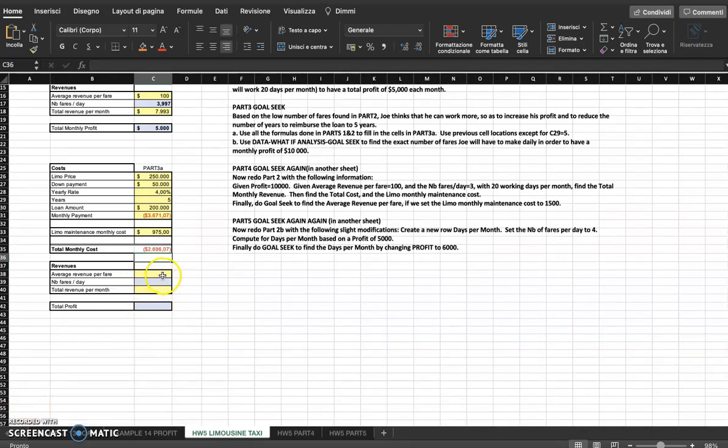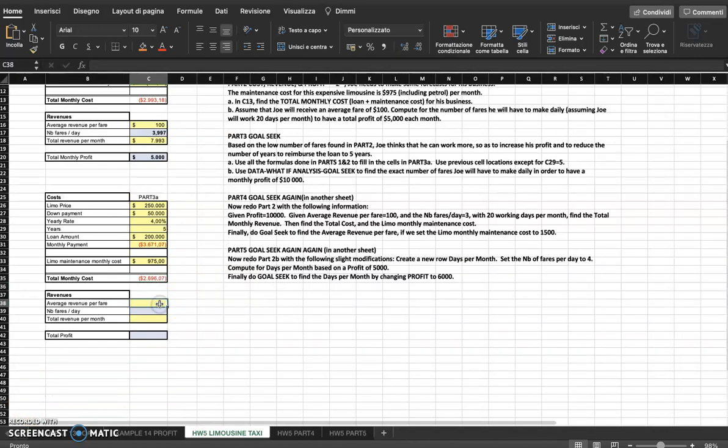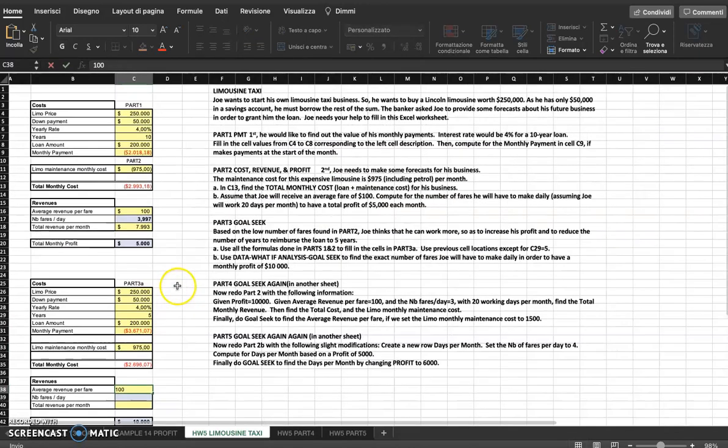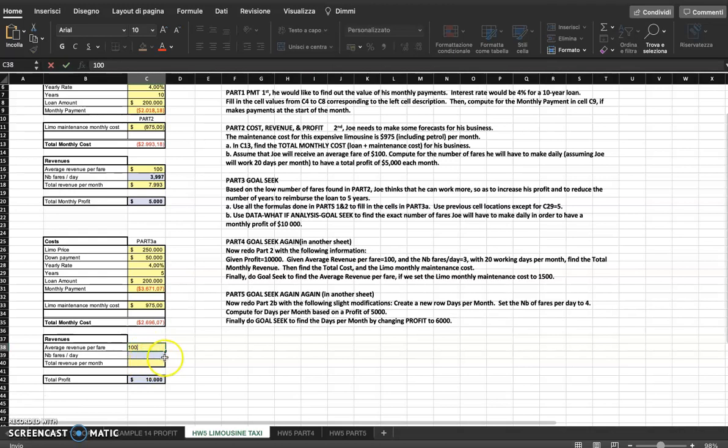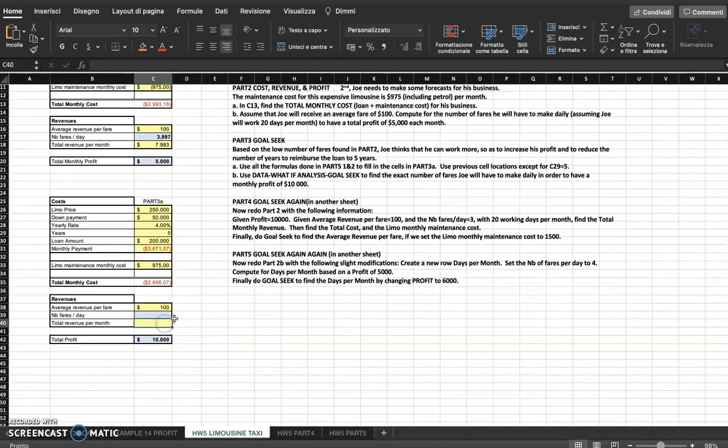As before, we first of all put the numbers that we have. The total profit is 10,000, as stated here. And the average revenue, again as before, is 100 as here. Okay. After the data, we can start doing the total revenue. It's an easy computation.